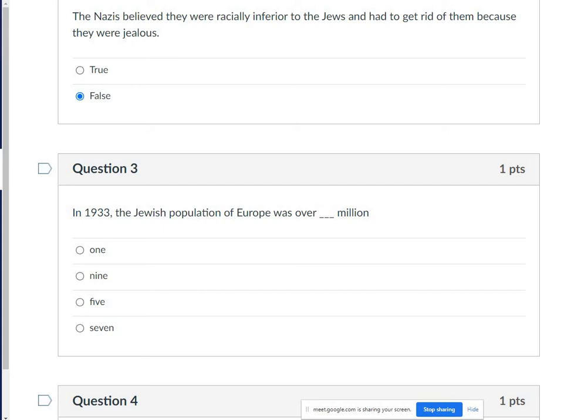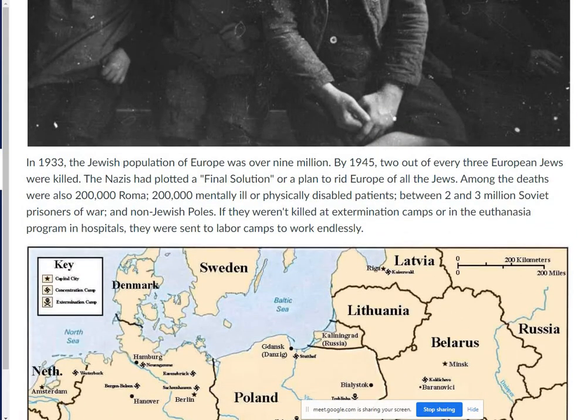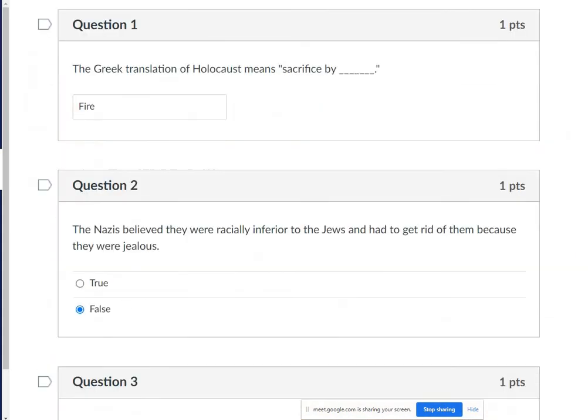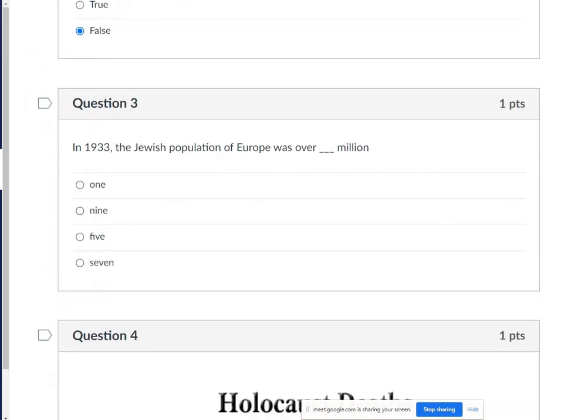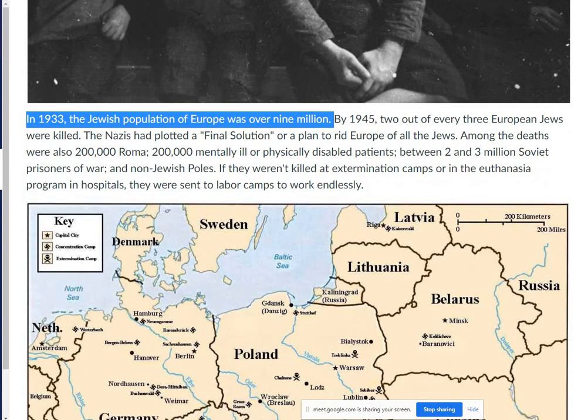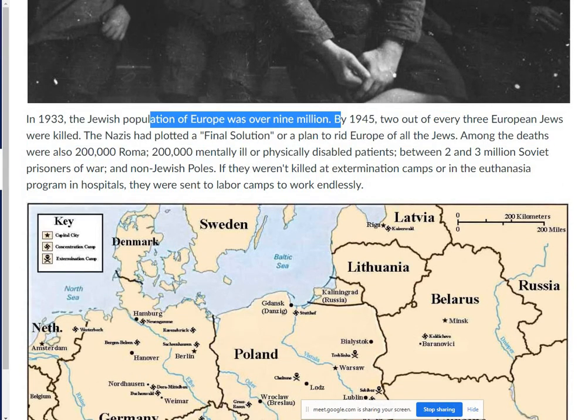In 1933, the Jewish population of Europe was over 9 million, so 9 for number 3. I'm going to finish that paragraph because the other two don't have to do with it. By 1945, 2 out of 3 European Jews were killed.